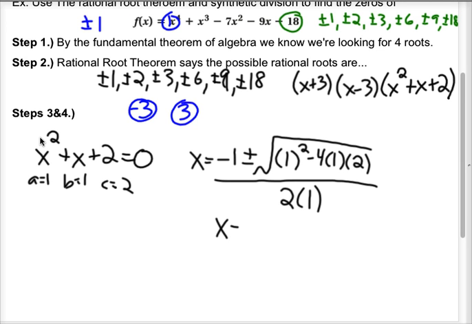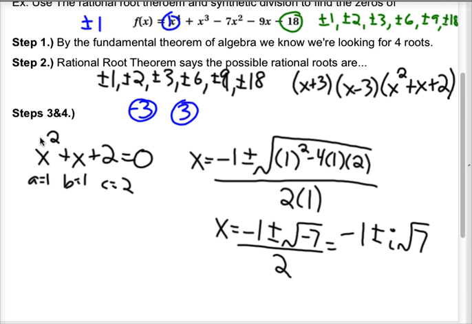So x equals negative 1 plus or minus, well, 1 squared minus 8 is going to give me square root of negative 7 over 2. Or incorporating the fact we know that this is imaginary, we can have an i there.